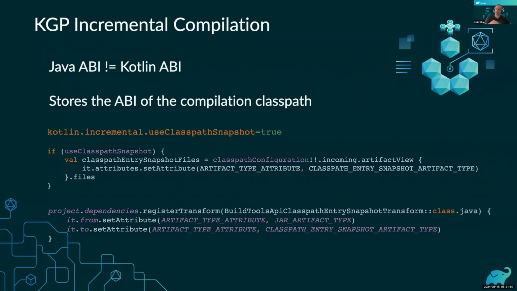And then in the dependencies block of the Kotlin Gradle plugin, they register the transform saying that from is going to be a jar and to is going to be the classpath entry snapshot artifact type.